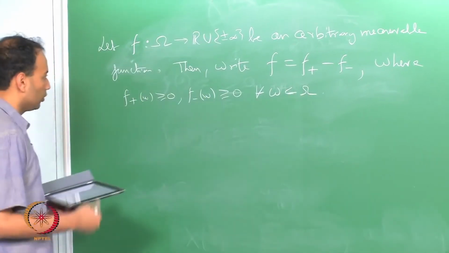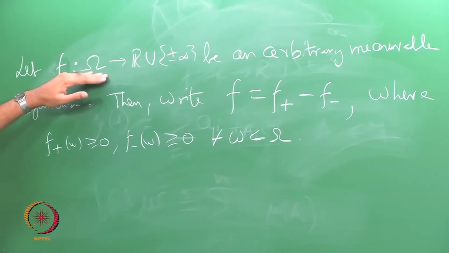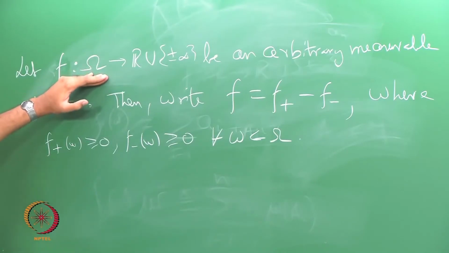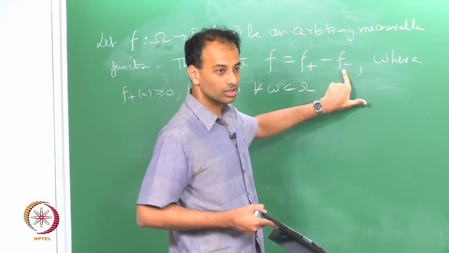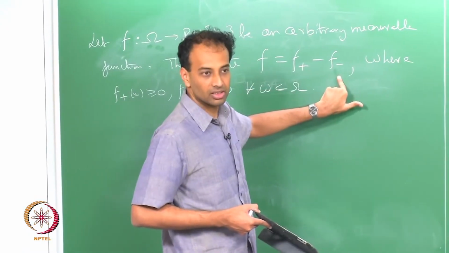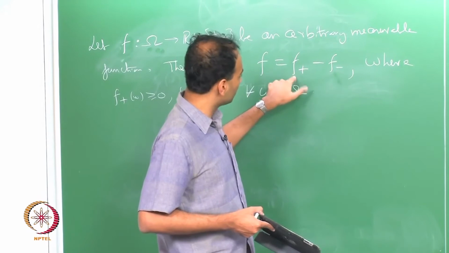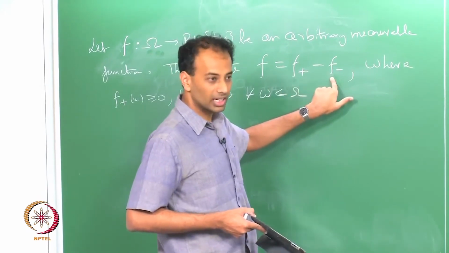So, what I am going to do is, if you give me a function which takes negative values as well as positive values for various omegas, I am going to resolve it as f plus minus f minus, where this is the positive component, this is the negative component.